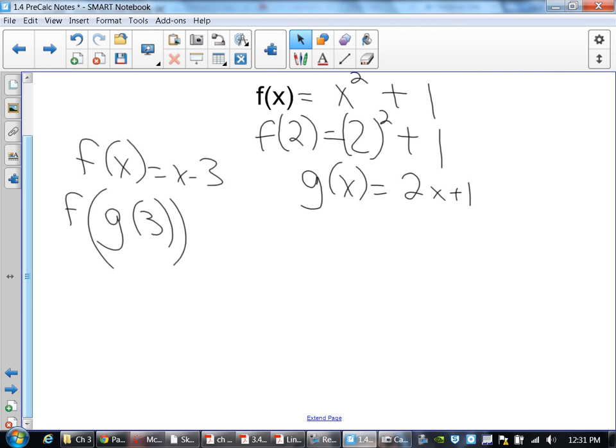What happens here, and I just kind of came up with a quick, scary version of something here. This looks like a giant mess. It's asking you what is f of g of 3. If you think about it in terms of order of operations, you've got a whole bunch of parentheses there. When you have a whole bunch of parentheses, you work on the innermost on your way out.